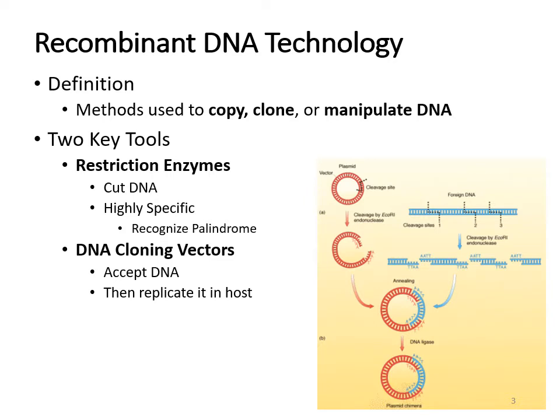Now when you do recombinant DNA work, meaning genetic engineering, you're going to use two key tools. The first one is restriction enzymes. Those you usually hear called nucleases. So make sure you write down the word nucleases to describe enzymes that will cut DNA.